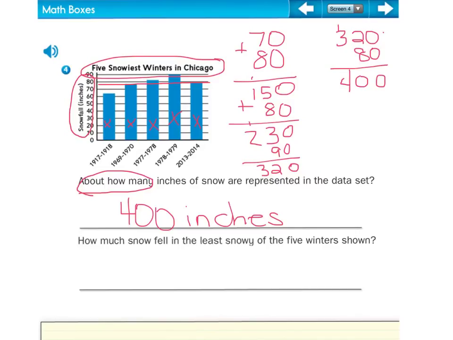That's going to be 1917 to 1918, which has the smallest bar. And then we need to find out how much of that snow fell. And again, it's asking us the least snowiest. That's what I would be highlighting. And then you're going to write, hopefully you wrote, about 65 inches.